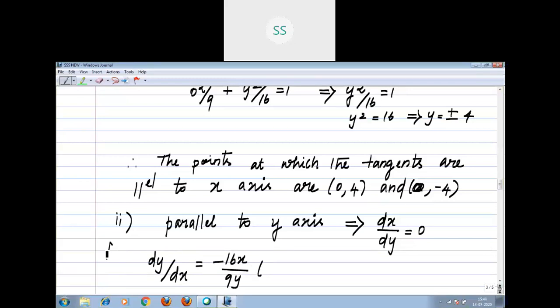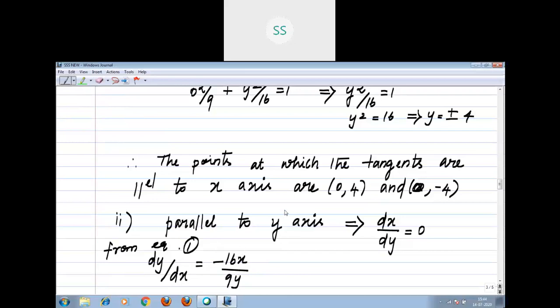From equation 1, you have dy by dx as minus 16x by 9y.